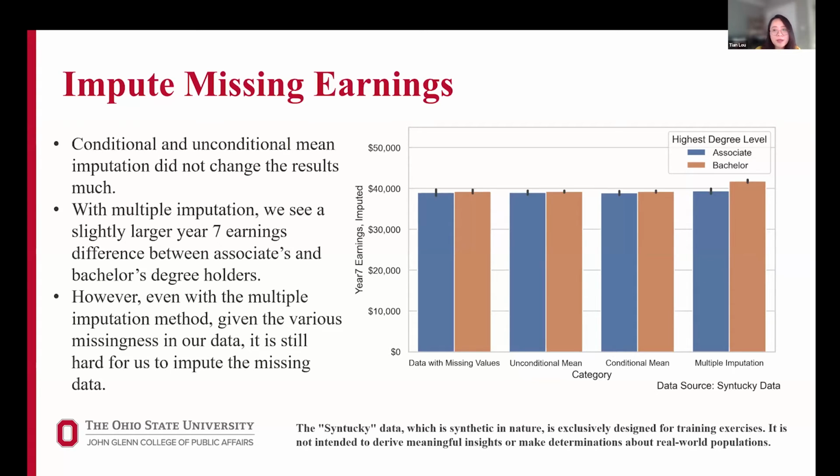And in terms of whether it's missing at random or missing not at random, given the little bit of correlation in the data, I would say it's probably still a mix, but unfortunately, it's very hard to differentiate these two types of missingness.